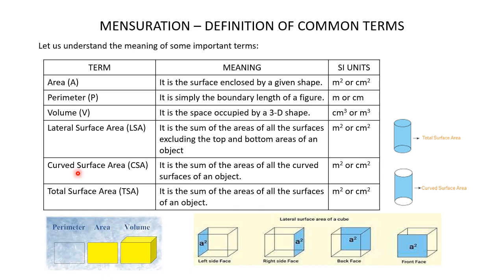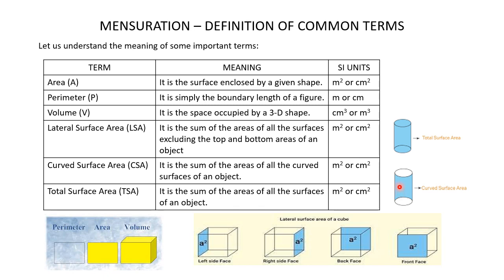Curved surface area. It is the sum of the areas of all the curved surfaces of an object. SI units of curved surface area is meter squared or centimeter squared. Look at this cylinder.